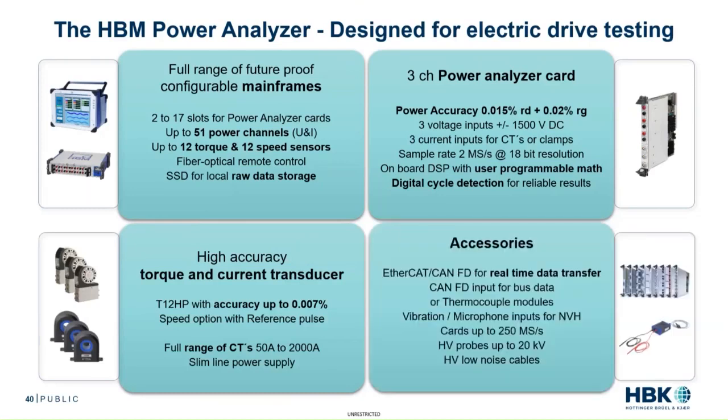And then a whole bunch of accessories to complete the solution, everything from EtherCAT and CAN-FD for real-time data transfer, CAN-FD for input for bus data, thermocouple modules, vibration and microphone inputs for NVH, cards up to 250 million samples per second, high voltage probes up to 20 kilovolts, and even high voltage low noise cables, providing really a complete power analyzer solution from one supplier.